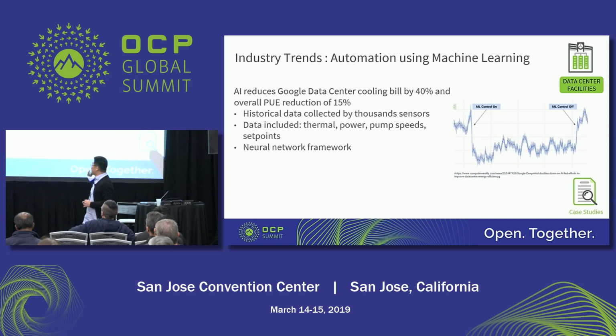I believe a lot of people are familiar with this picture. Yes, it is from Google's paper. Google used DeepMind artificial intelligence to reduce the data center cooling bill by 40% and PUE by 15%. This is a huge number. How did they get it?